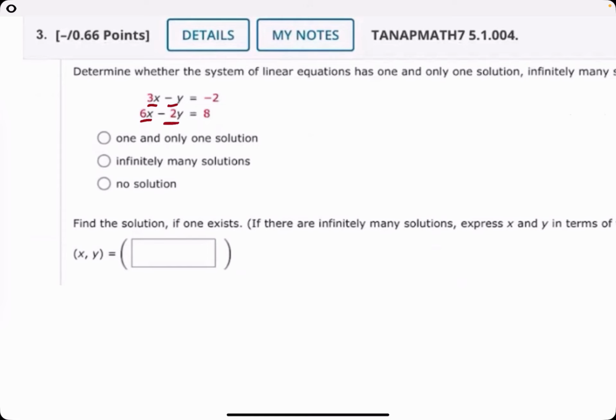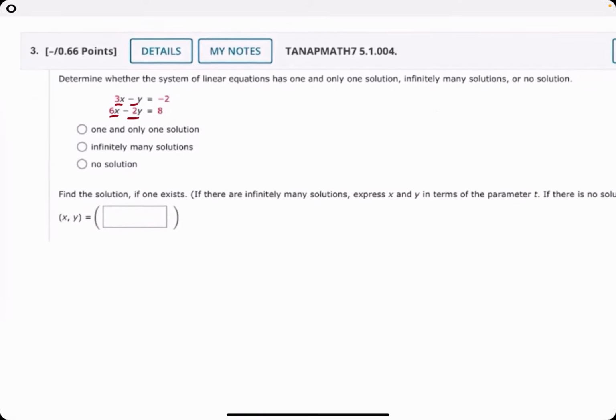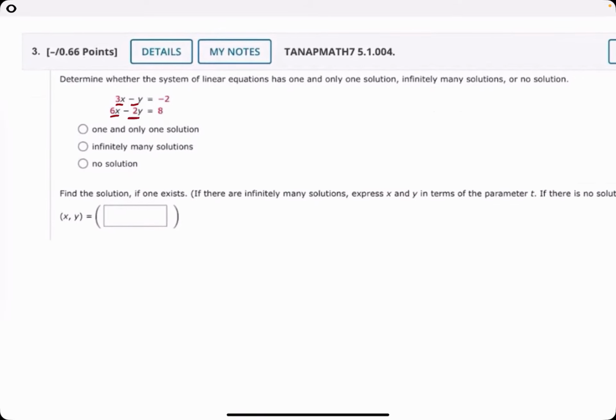So if there was a solution x and y, you would think the ratios hold true, like 3 to 6 and 1 to 2 being the same ratio, you would hope negative 2 to 8 would be the same ratio. You'd hope it's negative 2 and negative 4 or whatever, but it's not. So it's likely going to be no solution just visualizing that.